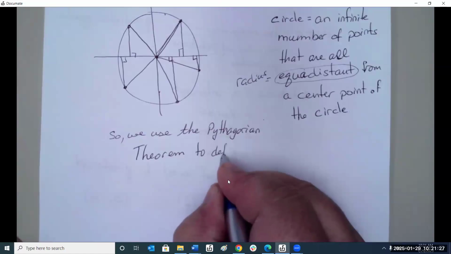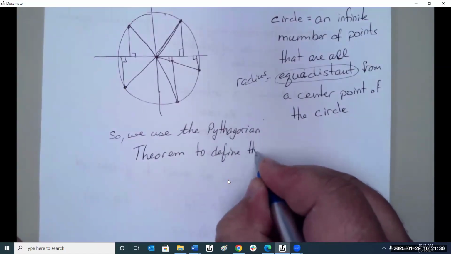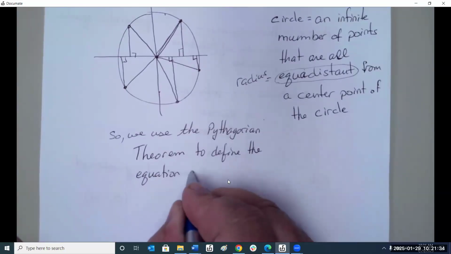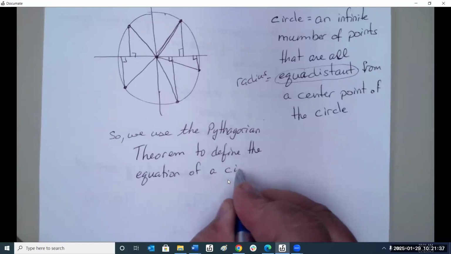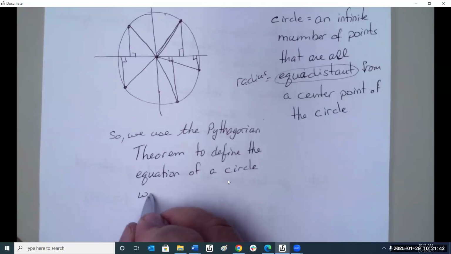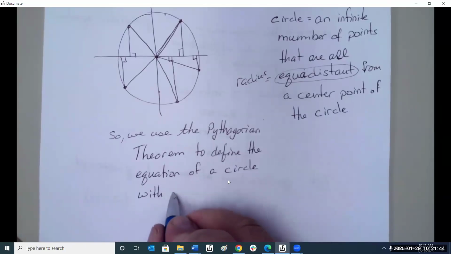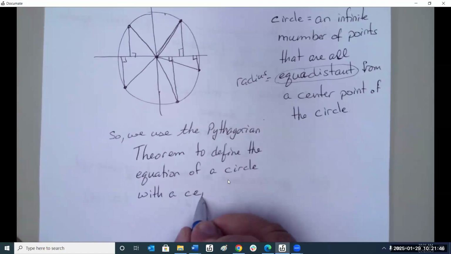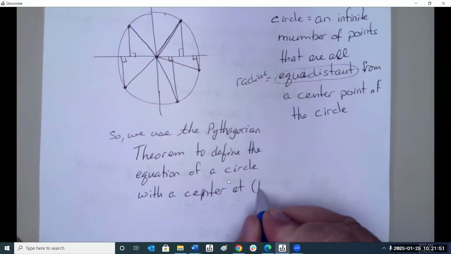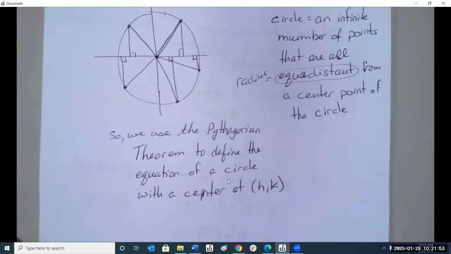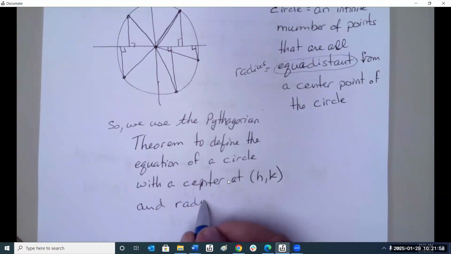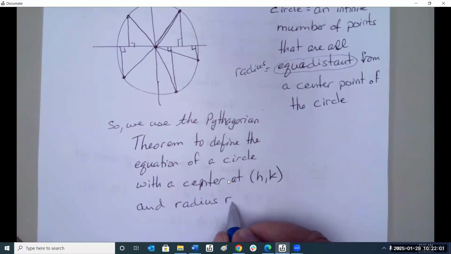To define the equation of a circle with a center at (h, k) and radius r.